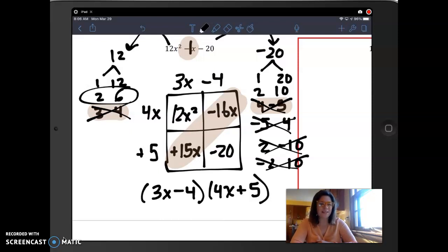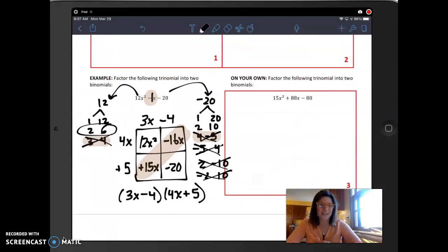And the more you practice and the more you try, you start to see patterns and get to take little shortcuts, and you get kind of a gut feeling of what is going to work and what is not going to work.